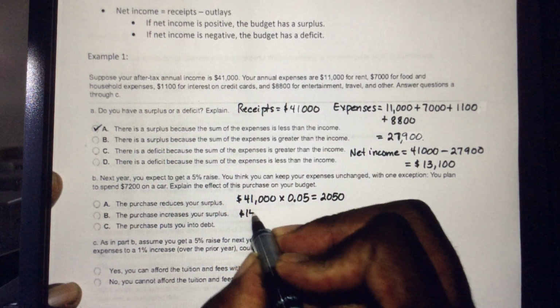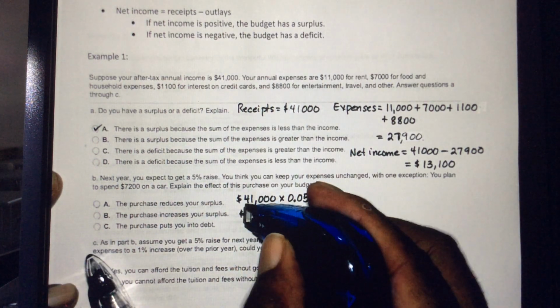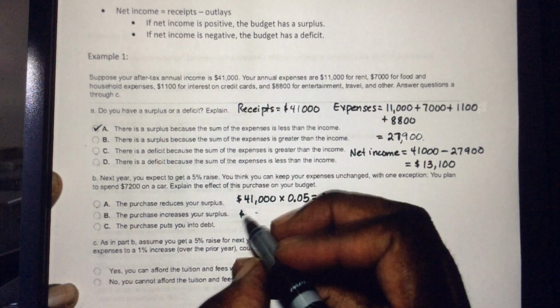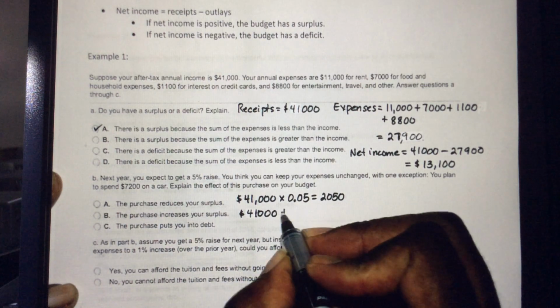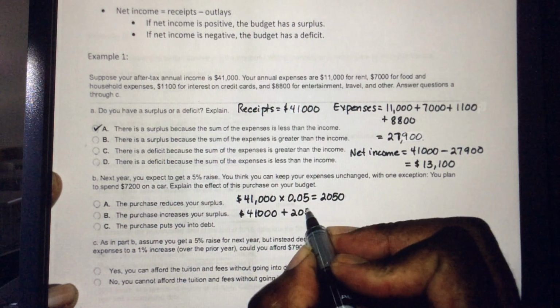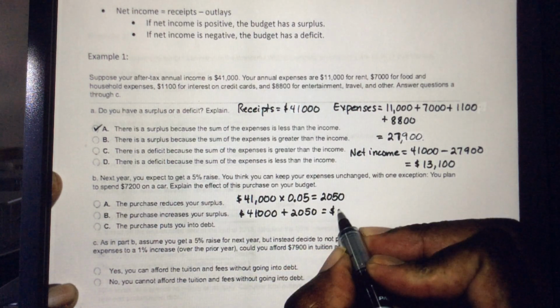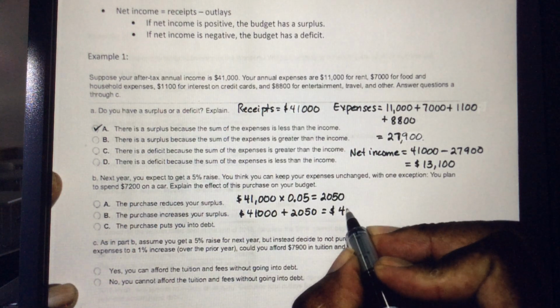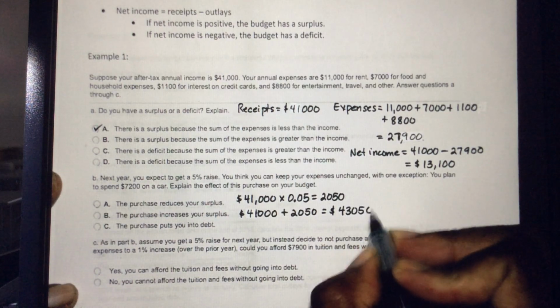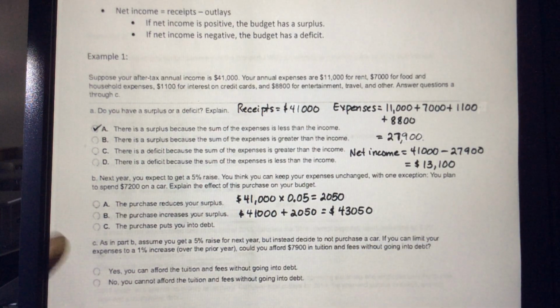So if I add 41,000 to the $2,050, his after-tax annual income will be $43,050.